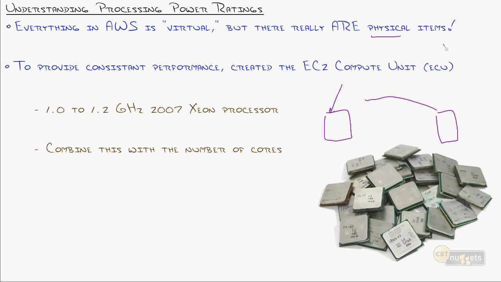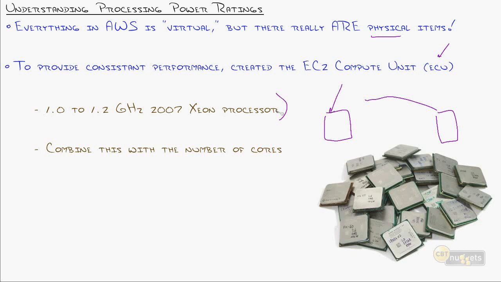So they created the ECU, which stands for EC2 Compute Unit. This is what it's equivalent to: a 1.0 to 1.2 gigahertz 2007 Xeon processor. Okay, so let's put that together. Everybody's like, oh, I want an Intel i5, if they're thinking of a desktop unit, or an Intel Xeon such and such, the latest and greatest that comes out.